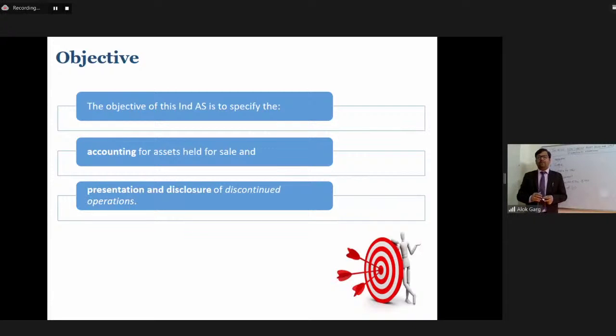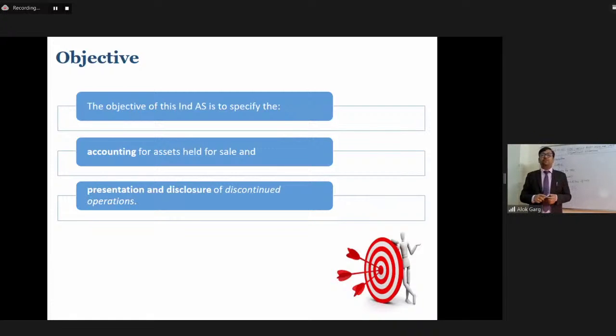Now, if the intent of the company is to dispose of these assets, for example, the company has 2 buildings. Due to a cash crunch, the company has shifted the operations of another building to the first building. So the company has vacated one building and wants to dispose of it.